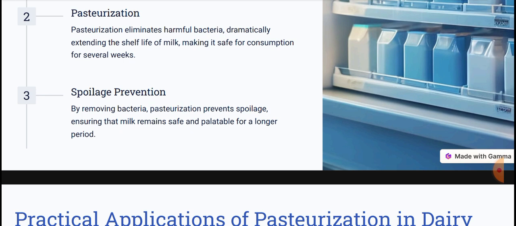So your learning starts from the moment you purchase a milk packet from an outlet. Look whether the milk is pasteurized or not. If pasteurized, then you can ensure that the milk is safe and palatable for a longer period, right?